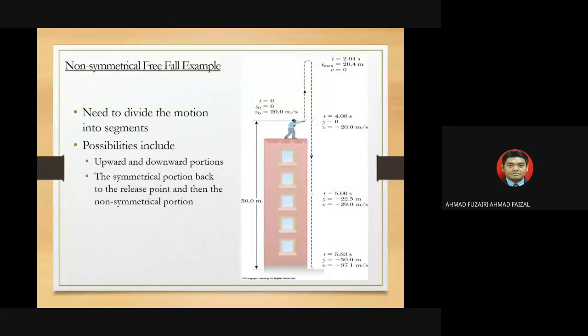If we have a non-symmetrical free fall situation, we need to divide the motion into segments. The possibilities include upward and downward portions. So this is the situation for symmetry and this is for non-symmetry.